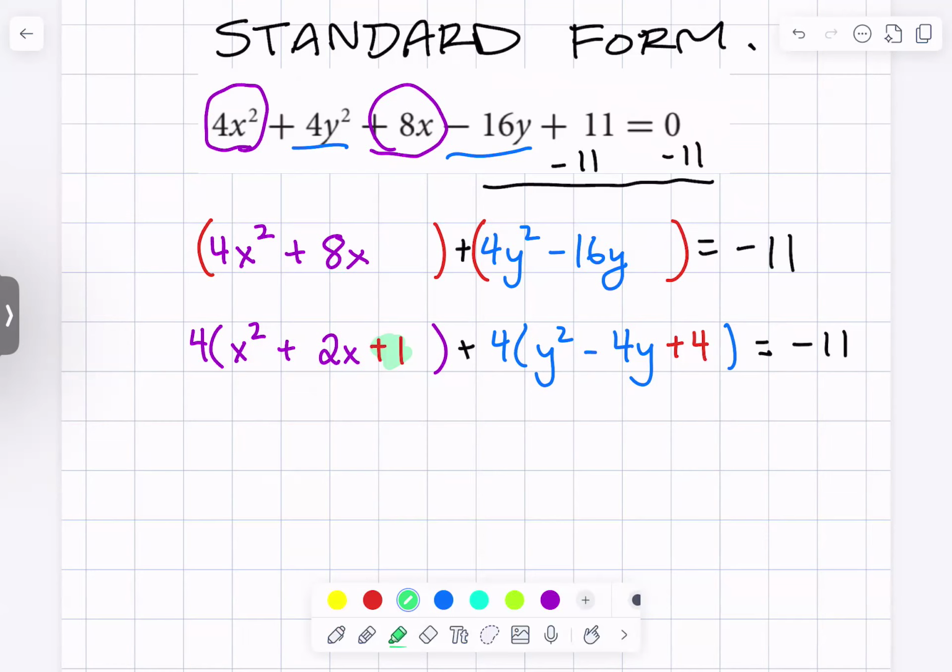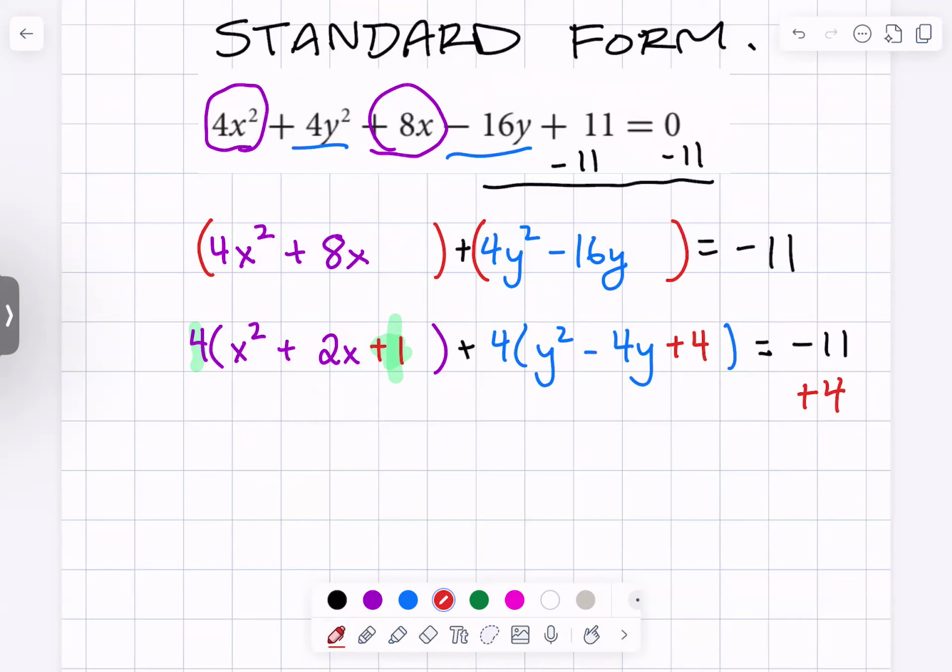Because the value that I added was 4 times 1. So I added a value of 4. So it's not 1 I have to add to this side, it's 4 that I have to add to that side.